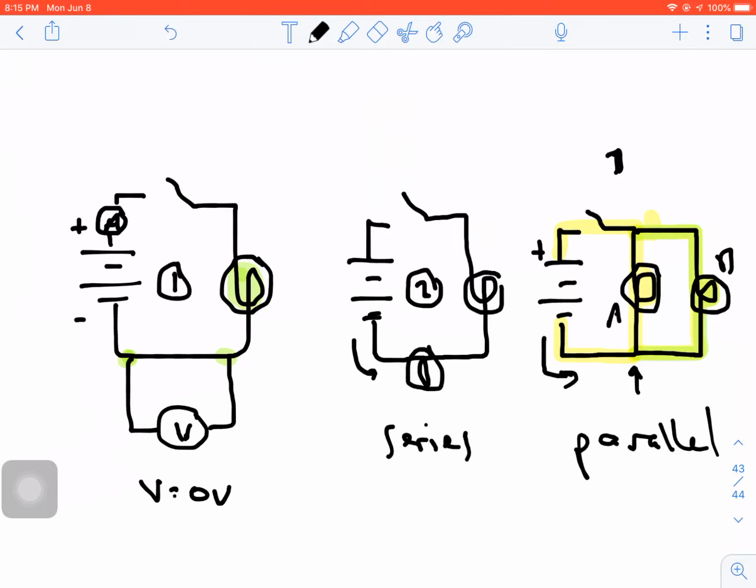So if I took my voltmeter now, let me get rid of my series circuit. Let's take my voltmeter and connect it on either side of that bulb. Now, if these are 1.5 volt cells, that means my voltage should be 3 volts.